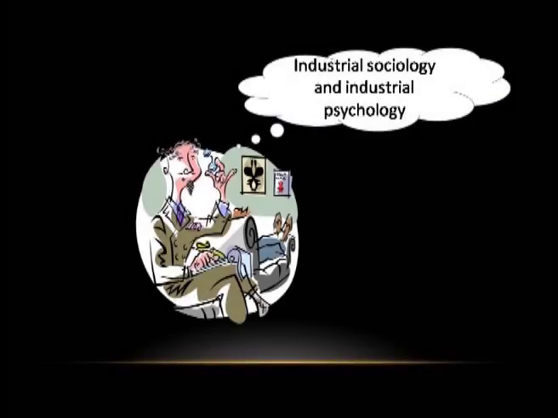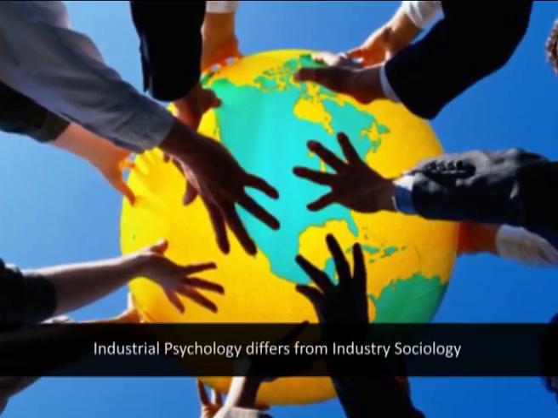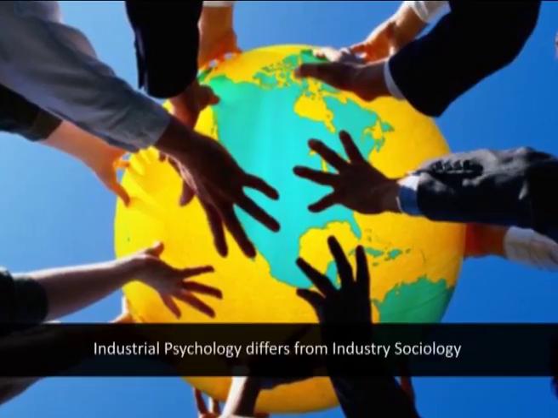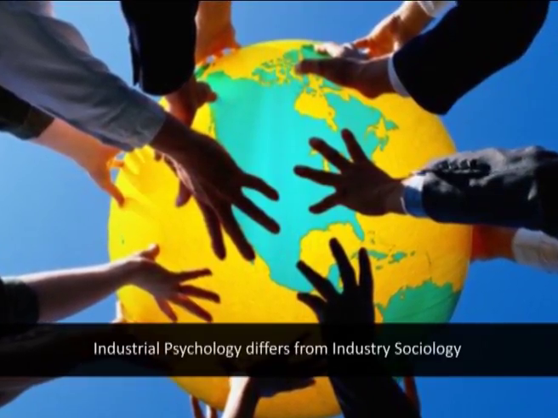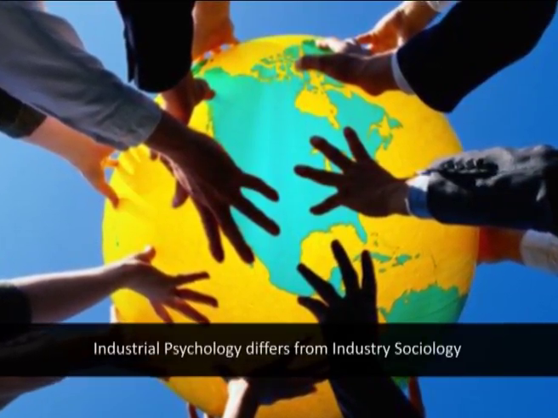So students, do not get confused between industrial sociology and industrial psychology. Though the two seem very similar, they are actually very different subjects. Industrial psychology differs from industrial sociology as the former is individual oriented, but the latter is group oriented. In this chapter, you will learn the importance of industrial sociology, industrial society, and understand its impact on the economy.